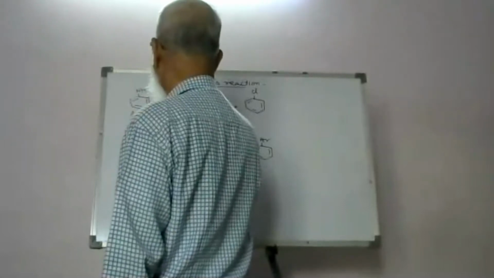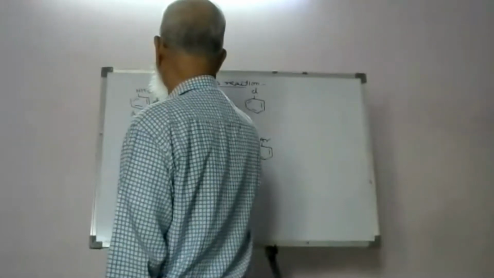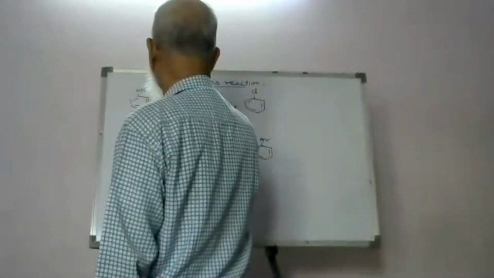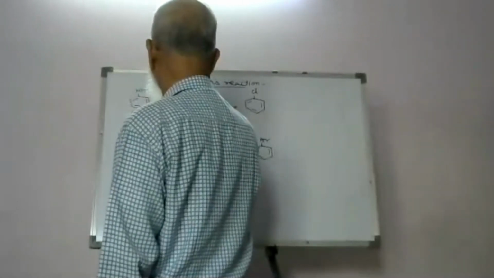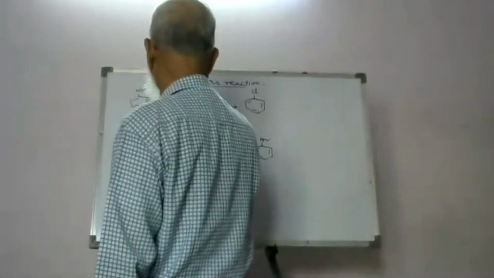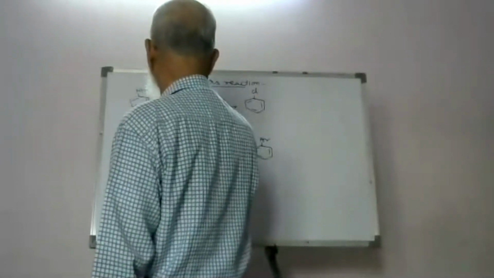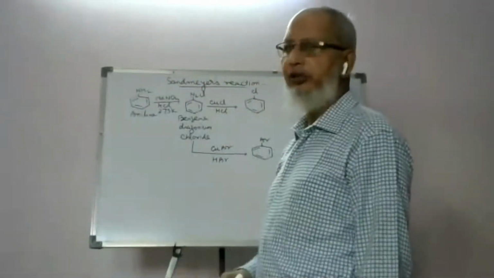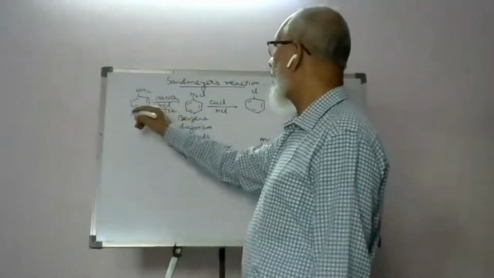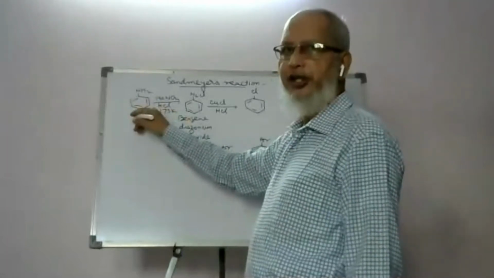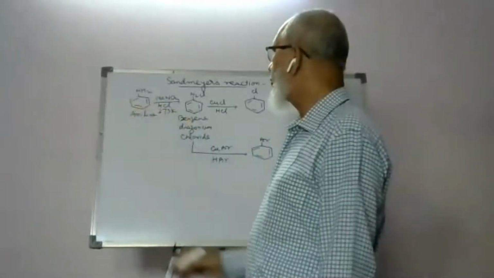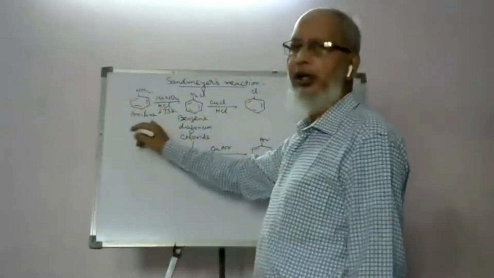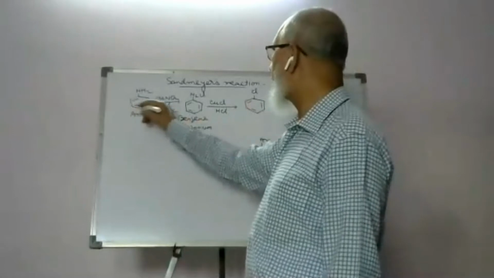And when this aniline reacts with sodium nitrite and HCl in ice cold condition, that is at 273 Kelvin, there is formation of benzene diazonium chloride, and this reaction is called the diazotization reaction. So you may be asked to prepare chlorobenzene or bromobenzene from aniline, and you can prepare them by these reactions.